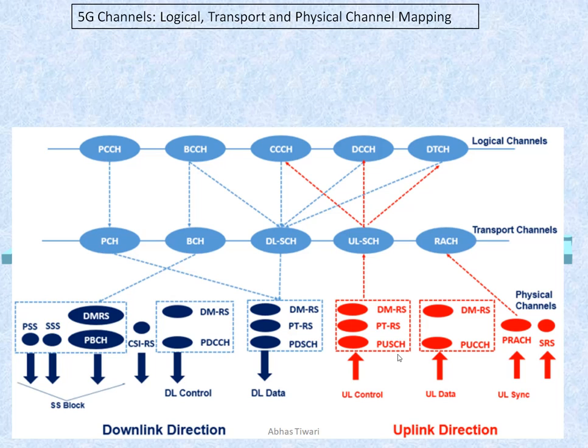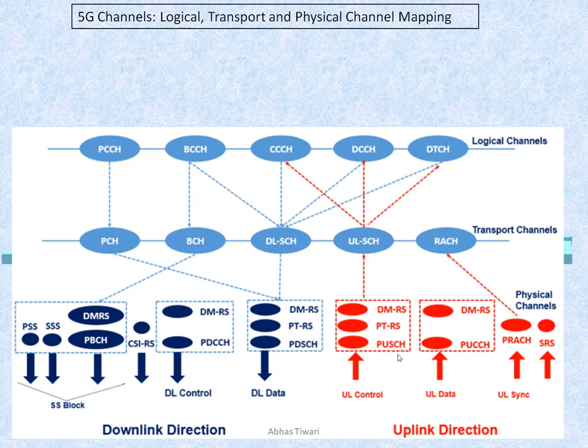Few reference signals are introduced in 5G channels that we will get into in detail in further sessions if required. So those are clubbed with your physical channel in this diagram. Reference signals: DMRS, PTRS. PTRS is introduced in 5G.